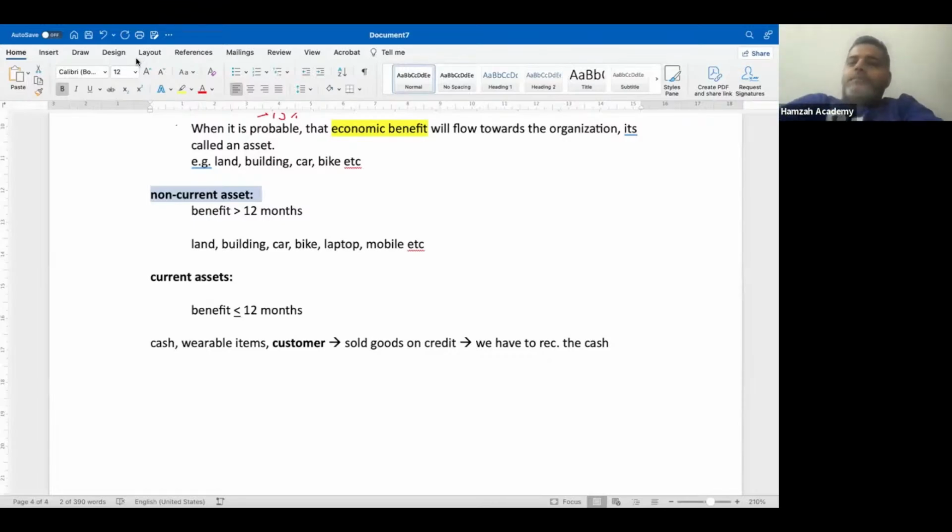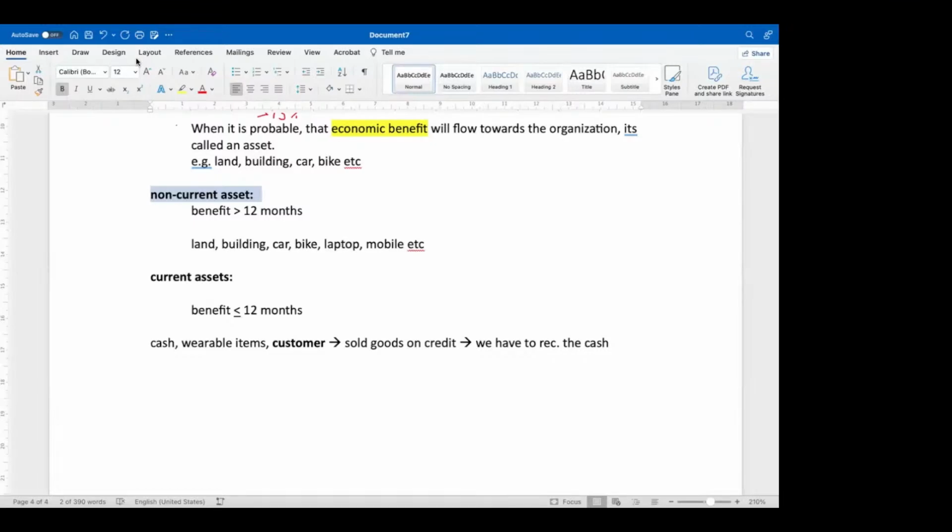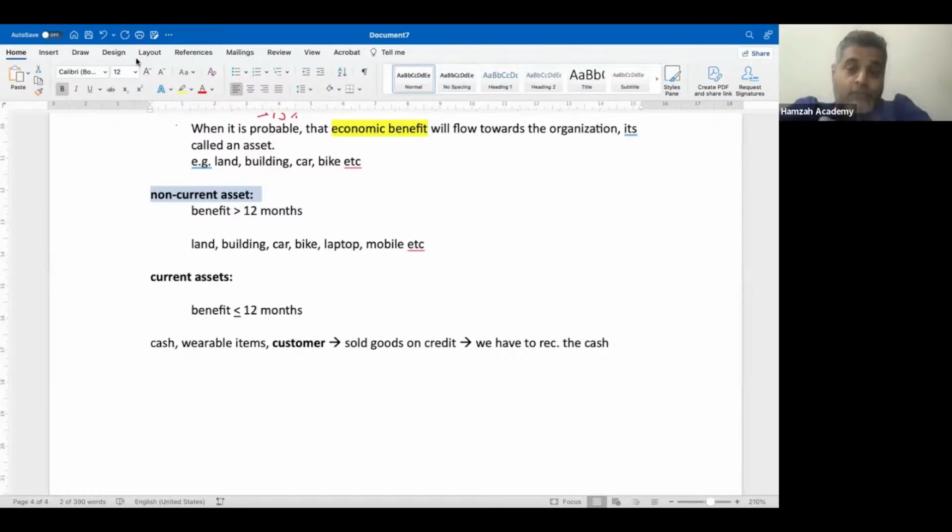Look around the place where you're sitting and think about an asset that you own. Do you have any? Perfumes. Yes. Very good. It's your asset. Done. Kunal, it's your turn.